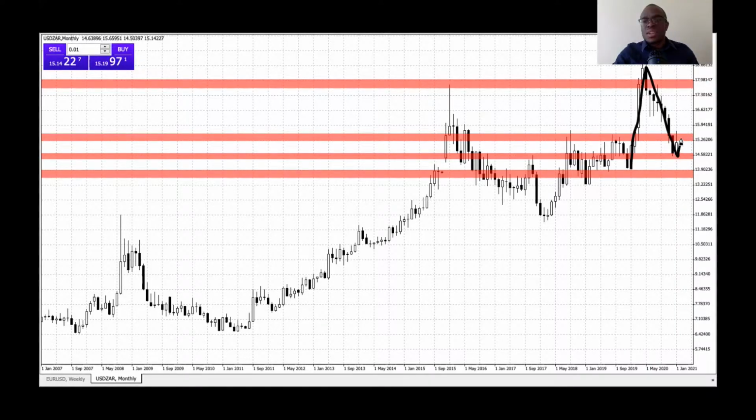Now it is being retested as a resistance zone to show that as a resistance zone it still holds. So that's where the support for our bearish movement will be.